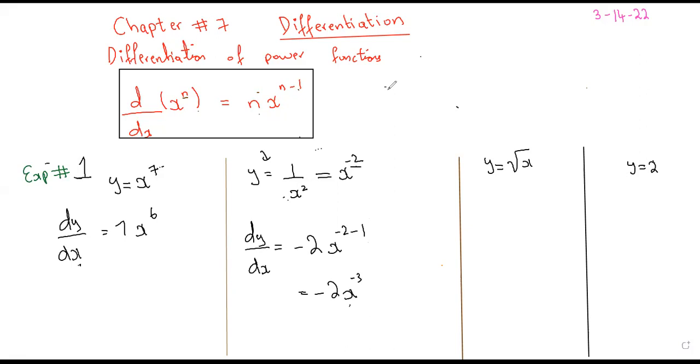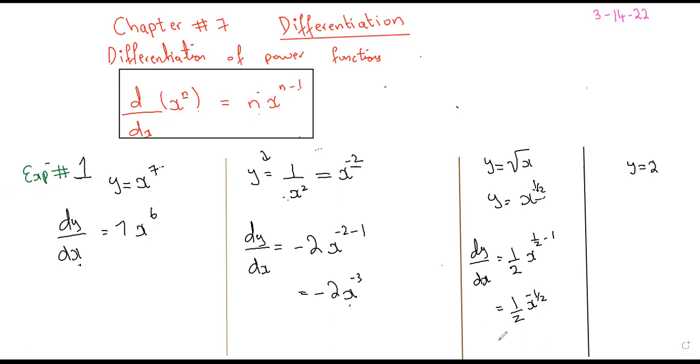Y is called the root of x, so it will be x to the power half. Very good. Y is x to the power half, and then dy by dx would be 1 by 2 x to the power half minus 1. So that would become 1 by 2 x to the power minus 1 by 2.